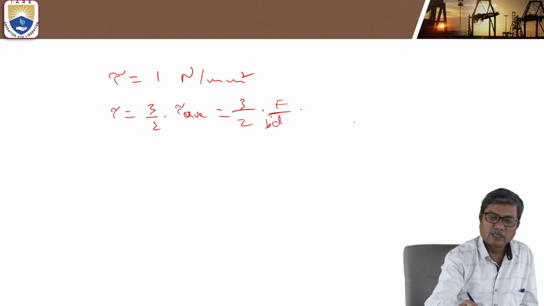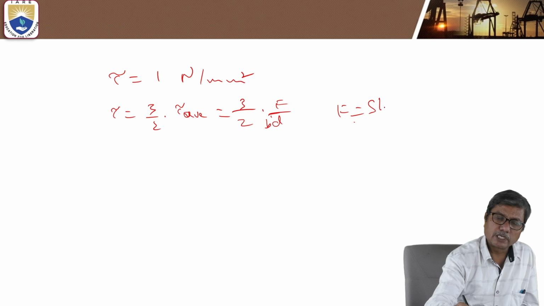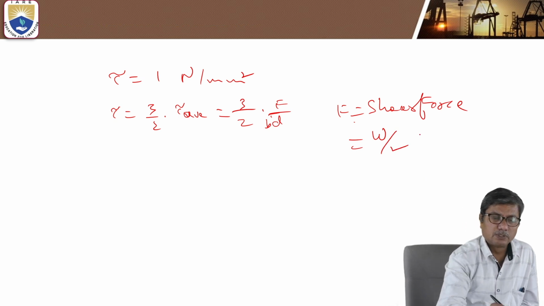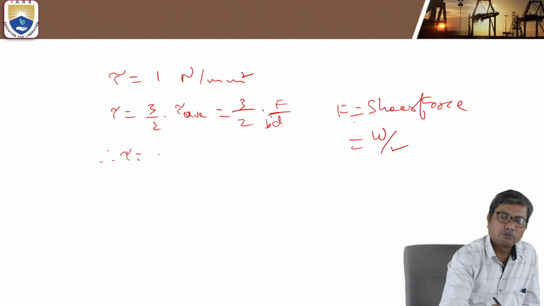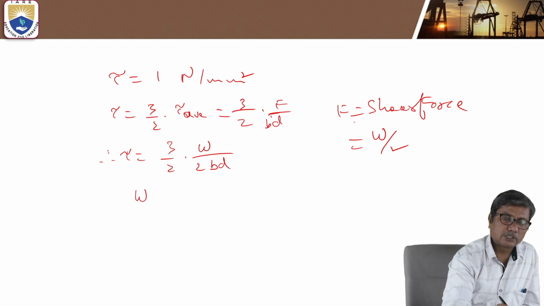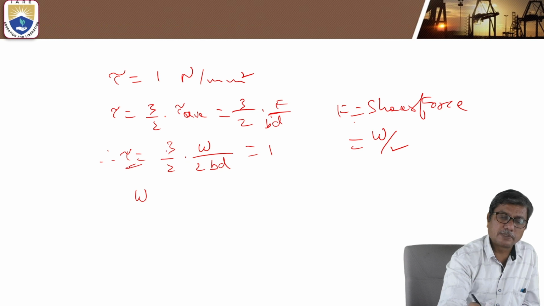Okay, and F is the shear force, the maximum shear force, which is W by 2. Therefore, tau maximum is equal to 3 by 2 into W by 2 BD, and that is equal to 1. Tau maximum is 1. So W by BD is equal to 4 by 3.